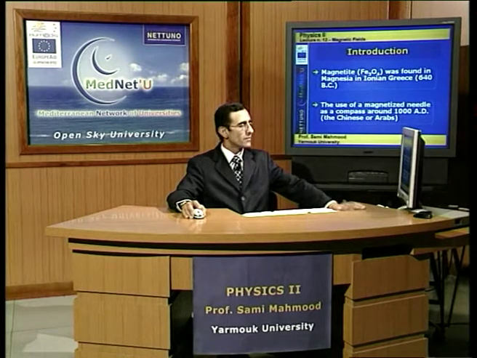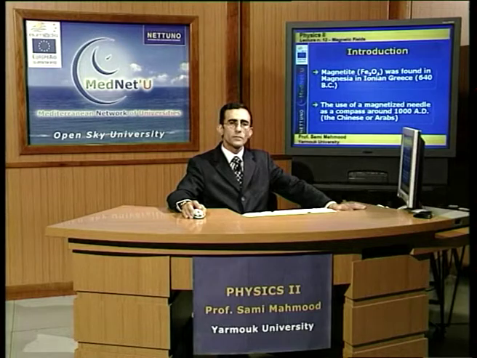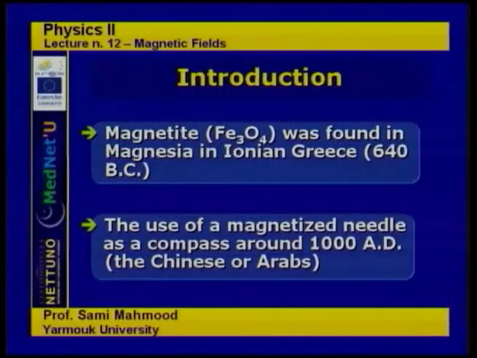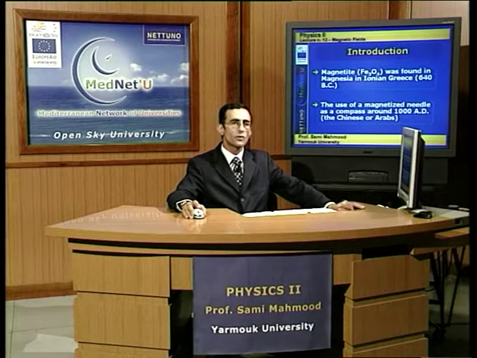And later on, the use of a magnetized needle, or a piece that has magnetic properties, was used as a compass needle around the year 1000 AD, possibly by the Chinese or the Arabs, who have used this compass as an application of the magnetic materials in their navigation systems.